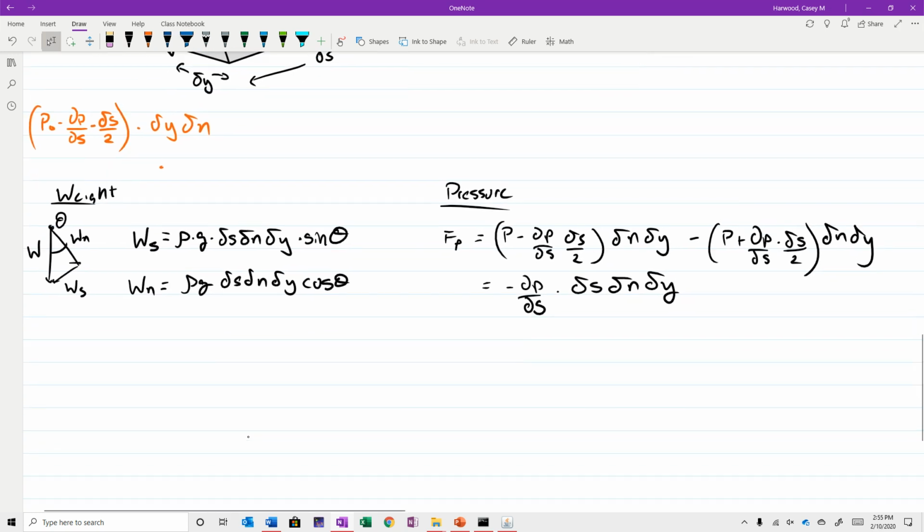So, summing up the forces along the streamline, F sub s equals m times a sub s.